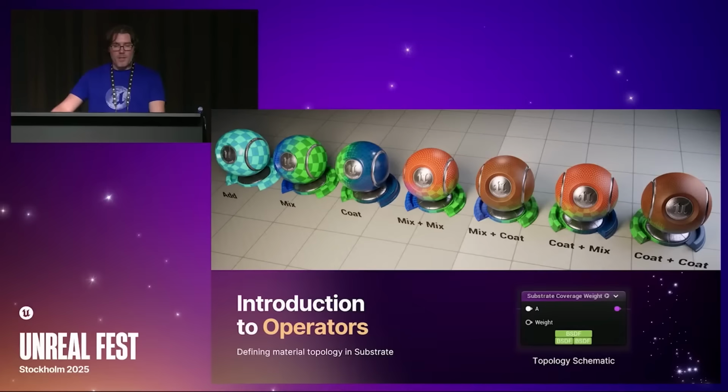We're already starting from a more expressive baseline, and the ability to compose multiple slabs on top of that is intentional. Substrate is designed to scale with hardware, with rendering paths, and with your project. All that said, it's definitely possible to build topologies that are too costly for your target platform. The more closures you evaluate, the higher the cost, especially on ray tracing paths like Lumen or path tracing.